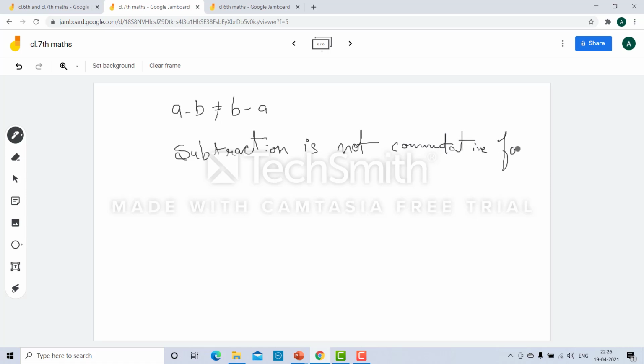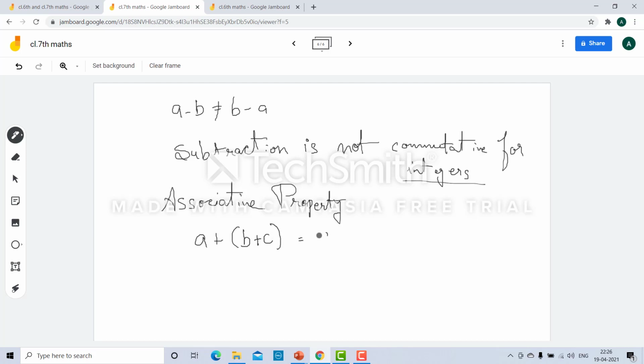Now children, we have the next property, and the name of the property is associative property. What is this associative property, children? Associative property is applicable on more than two terms. Suppose I have (A plus B) plus C. It will be equal to A plus (B plus C).